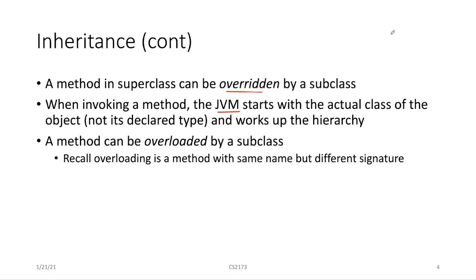Well, if I invoke a method, there's code in the method that it starts executing. Where is that code? That code exists in the class where it's actually defined. So when you invoke a method, the virtual machine starts with the actual class of the object, not its declared type, and it works up the hierarchy.